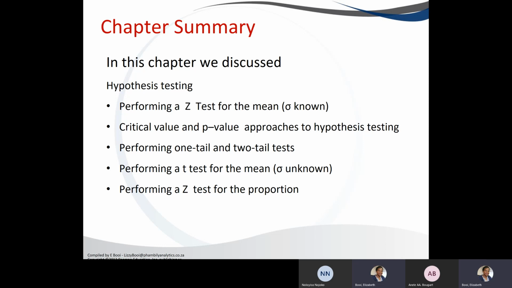We looked at how to perform the hypothesis testing when the population standard deviation is unknown, and we also applied the theory of one-tailed test and the two-tailed test examples. Then we last did the hypothesis testing for the proportions.